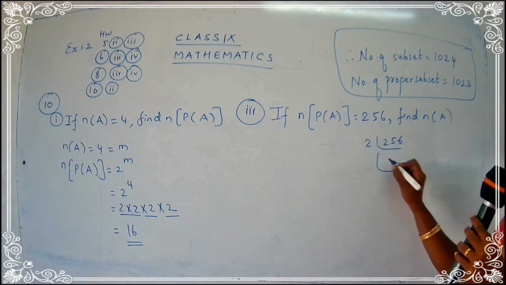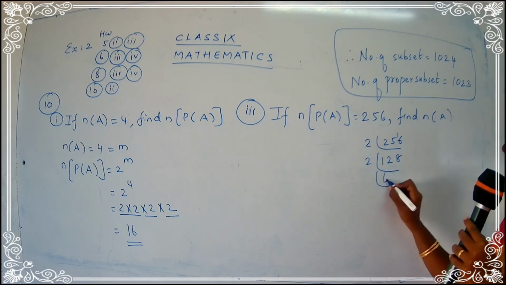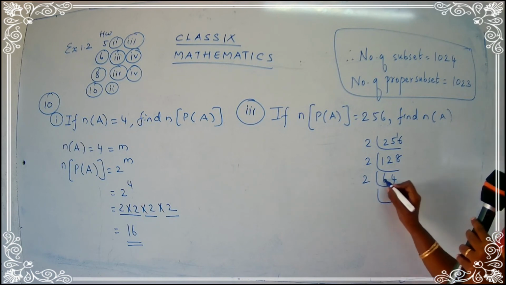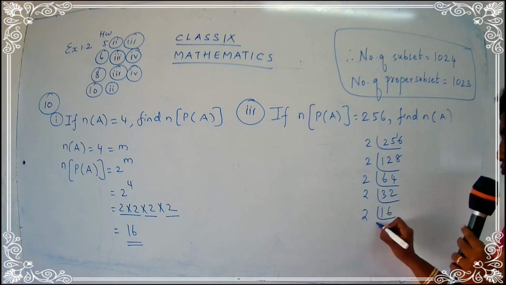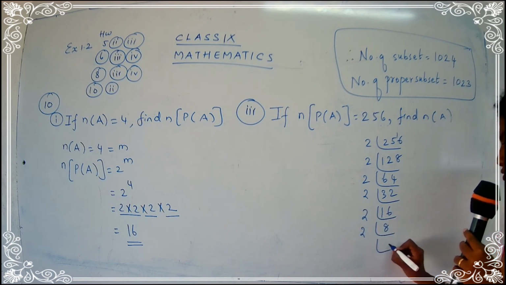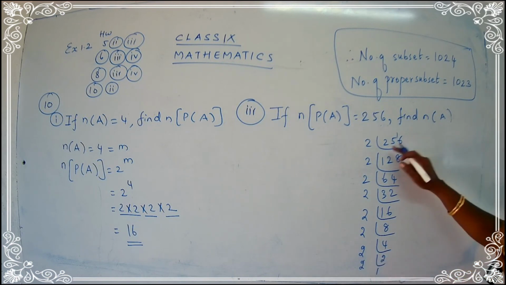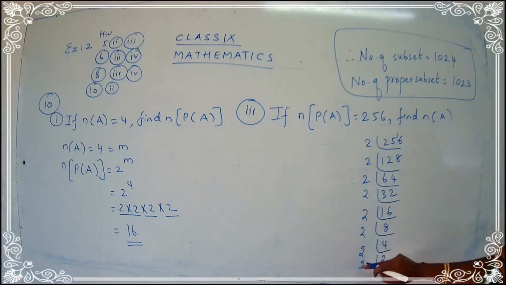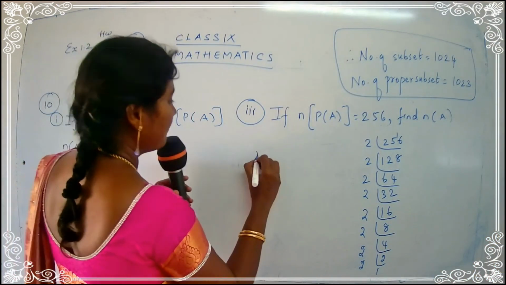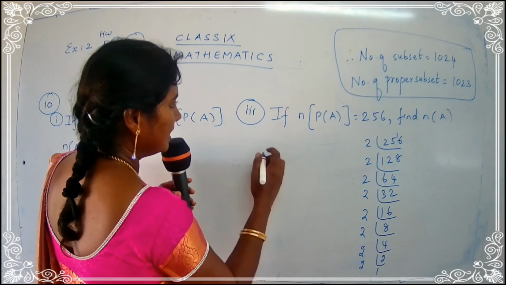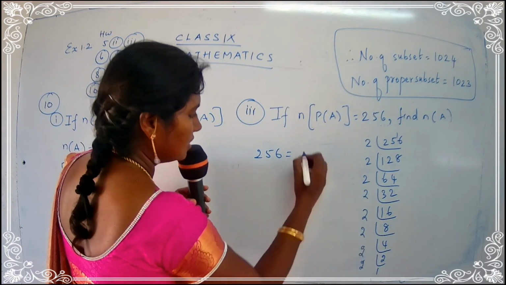2 1s are 2, 2 2s are 4, 2 4s are 8, 2 8s are 16, and so on: 256, 128, 64, 32, 16, 8, 4, 2, 1. So how are you going to write this? 256 is equal to 2 raised to 8.